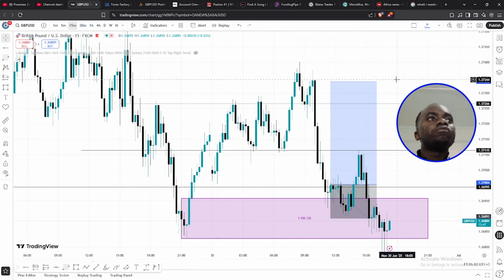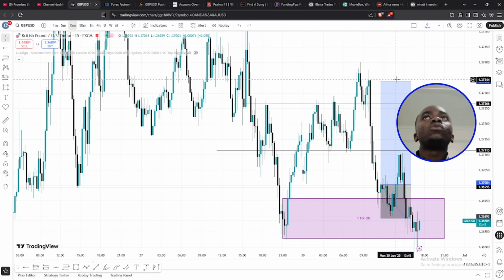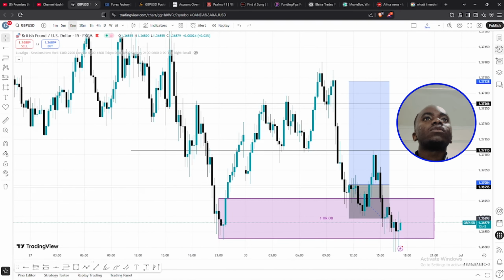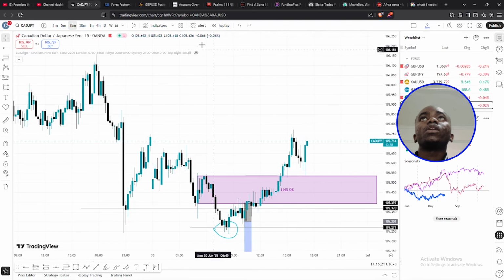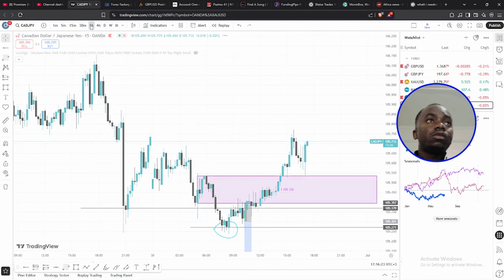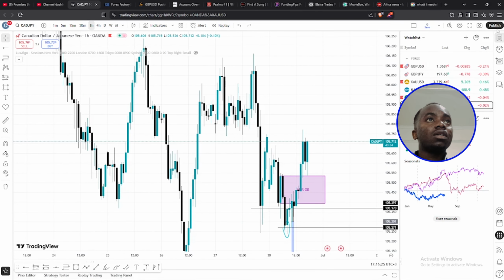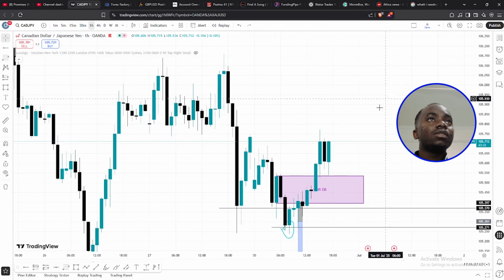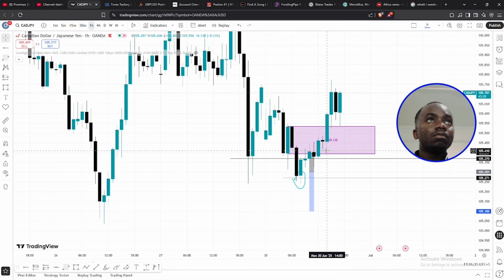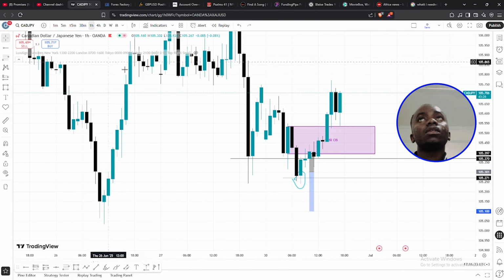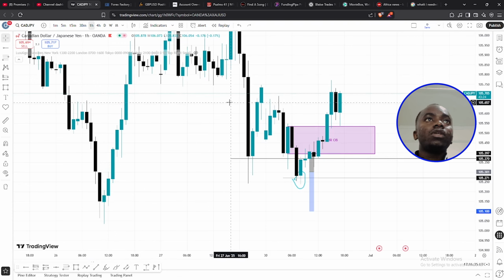And yeah, so let's jump to Cadjpy, where price moved straight to my stop loss. So this is what was happening. I marked a 1 hour order block right here that got respected during London, and when I dropped down to 15 minutes, it faked out.